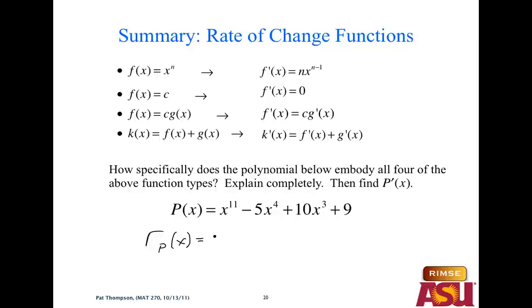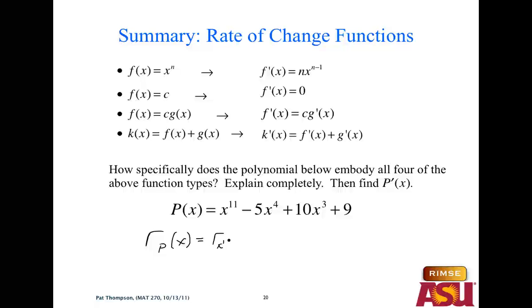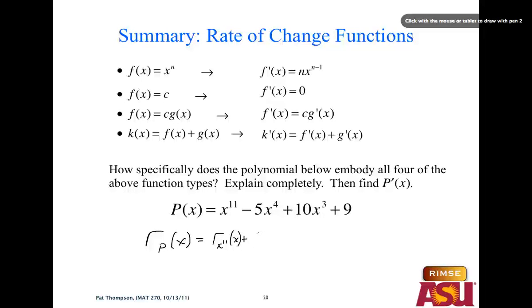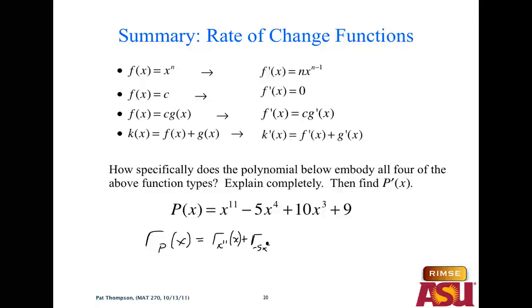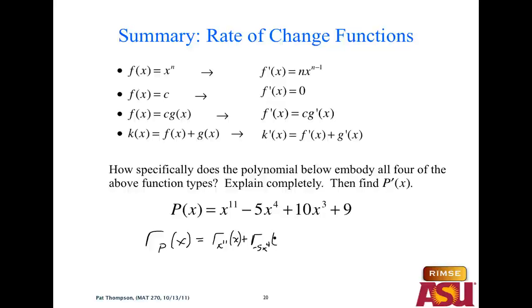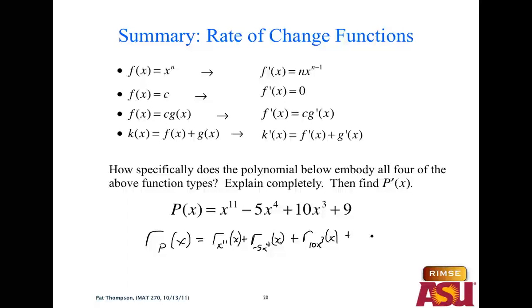So the rate of change of x to the 11th with respect to x plus the rate of change of negative 5x to the 4th with respect to x plus the rate of change of 10x cubed with respect to x plus the rate of change of 9.